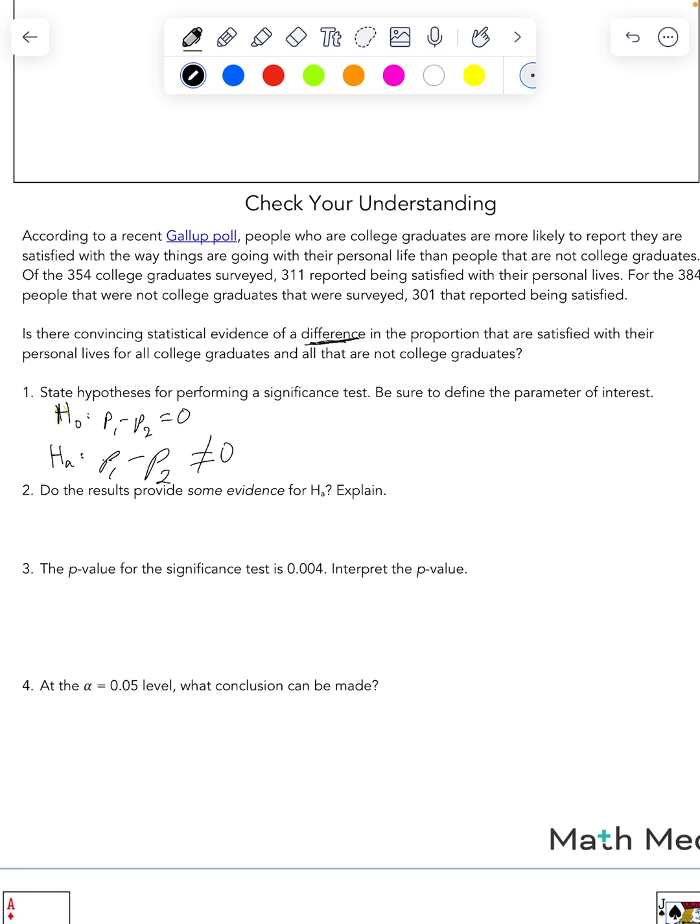Then I also need to say, well, what is P1? P1 is the true proportion of satisfied college graduates. And P2 would be the true proportion of satisfied non-college grads.